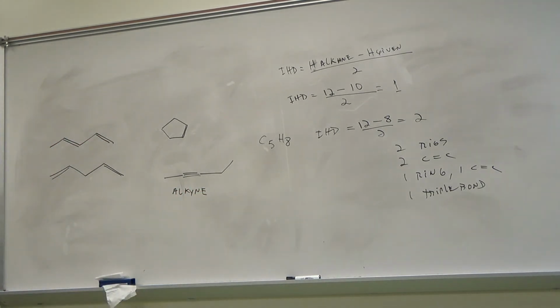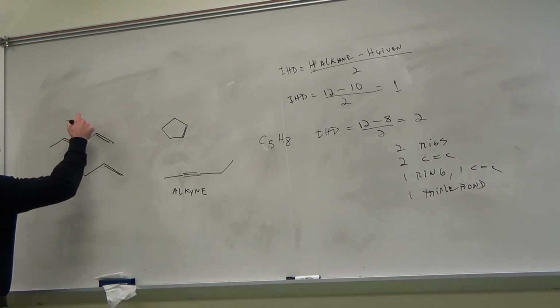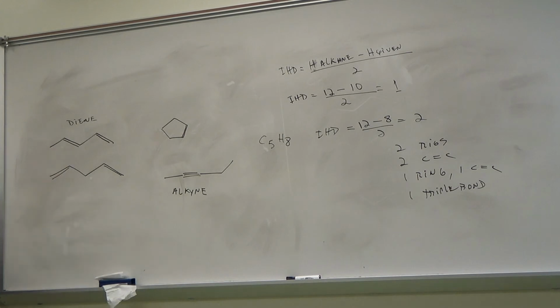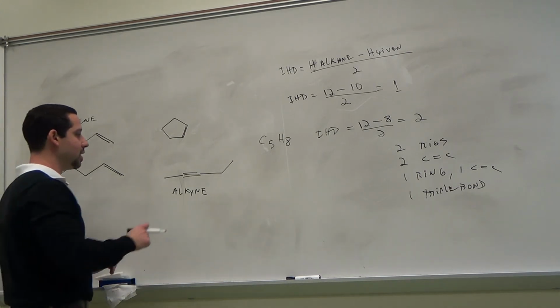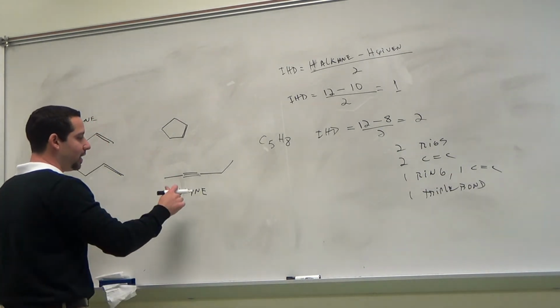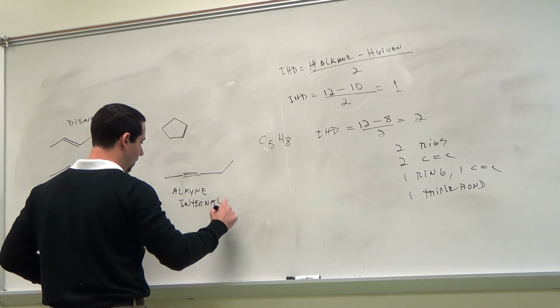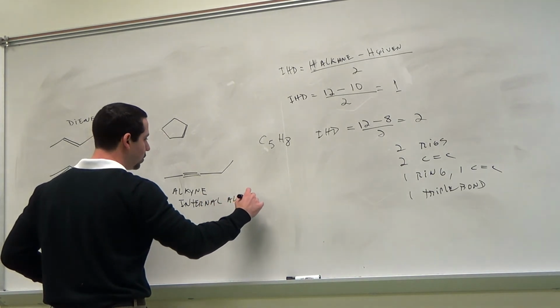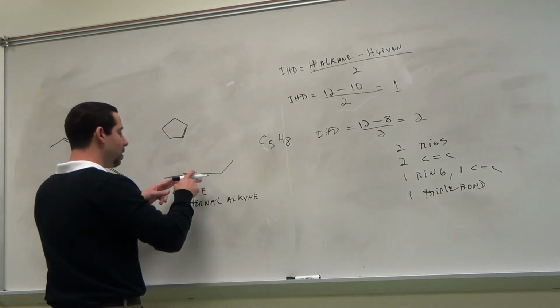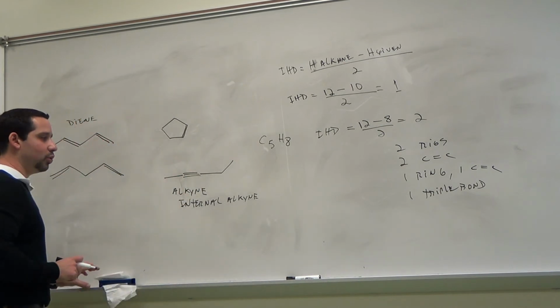So when it has a triple bond, it's called an alkyne. When it has a double bond, it's called an alkene. When it has 2 double bonds, it is called a diene. So ene stands for alkenes, yes? Dienes. This alkyne is an internal alkyne, because the triple bond is in between those carbons.